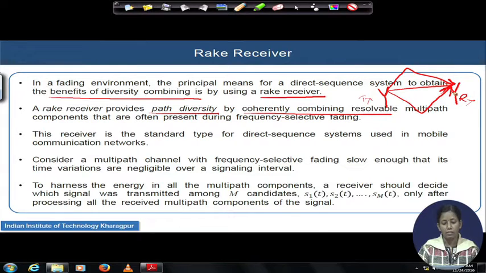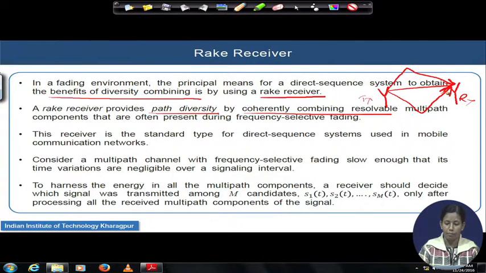The Rake receiver is supposed to have the capacity to encash this path diversity: if the same signal is coming over multiple paths, and you can resolve them inside the receiver, capture each path signal independently, and after proper processing combine them synchronously, then you will get the diversity gain, a huge SNR gain in the receiver.